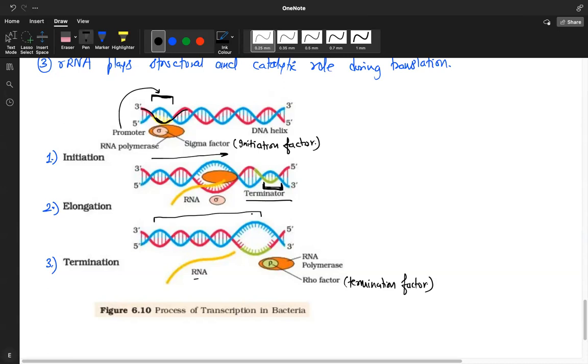It is a slightly modified nucleotide, so it's called that.